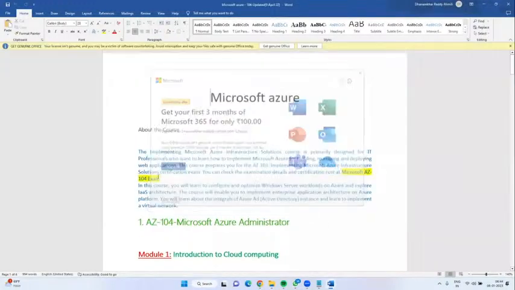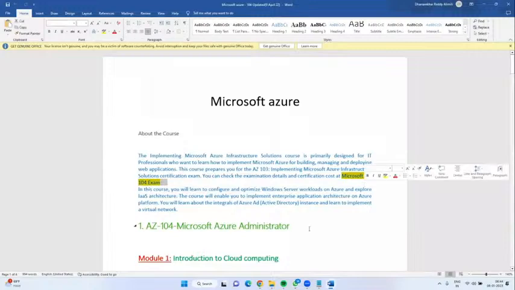As already clearly mentioned, this is the 104 certification paper.